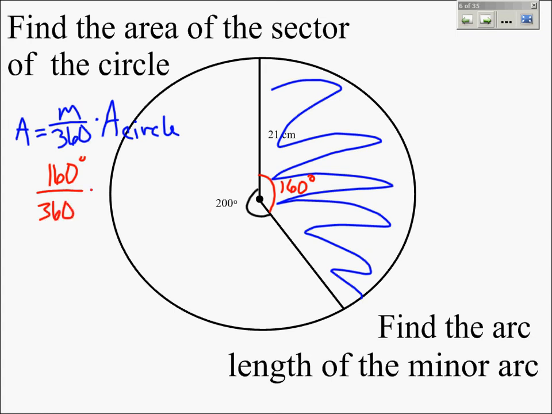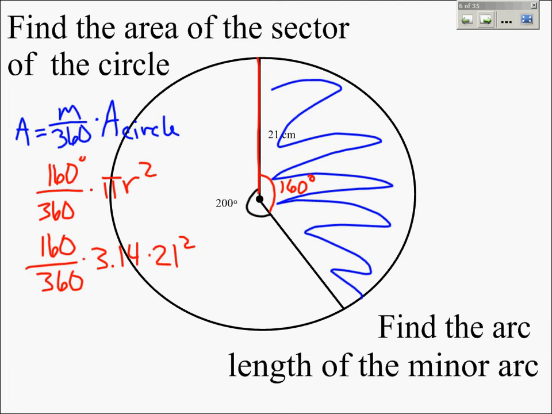Now we need to multiply that by the area of the circle. And the formula for area of the circle is pi r squared. Okay, so I have 160 over 360 times 3.14. And r stands for the radius. How long is the radius? 21 squared. Okay, at this point you're able to just type that whole thing into your calculator.